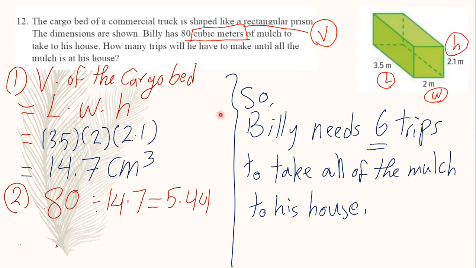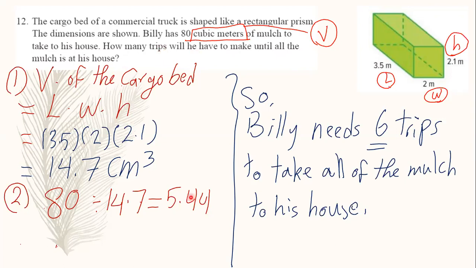So 80 divided by 14.7 equals 5.44. So how many trips does it need to take to Billy's house? When we talk about how many trips, it is about a whole number.